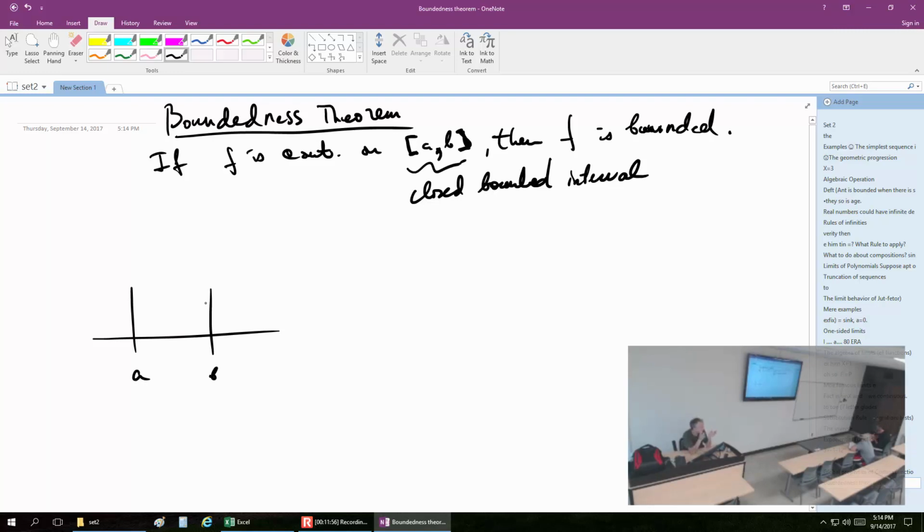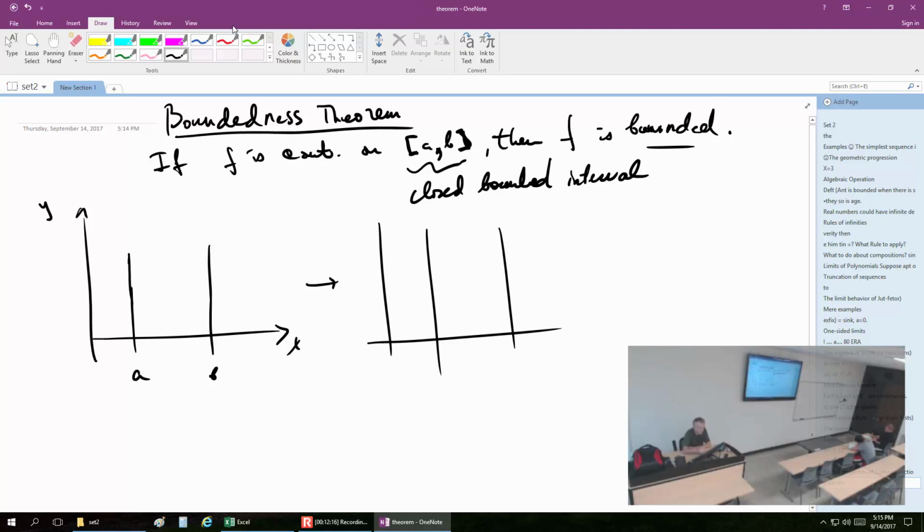So the graph of the function then lies between these two lines. But then what we're saying is that if the function is continuous, the function cannot go to infinity. What we're saying is that it is also bounded. Also, there is an interval. So in addition to this, there is that. Okay, and my graph is here somewhere.